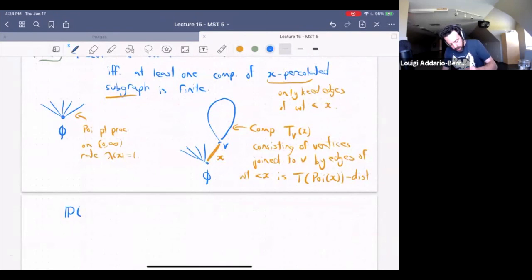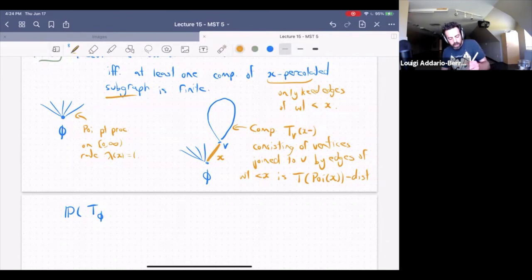I'm going to use this notation later, so I'm going to write x minus here to indicate that I want edges of weight strictly less than x and not less than or equal.